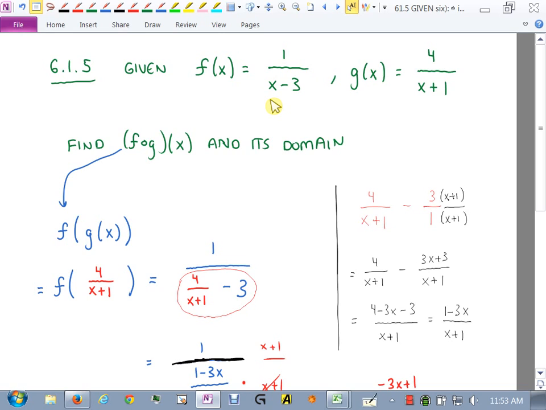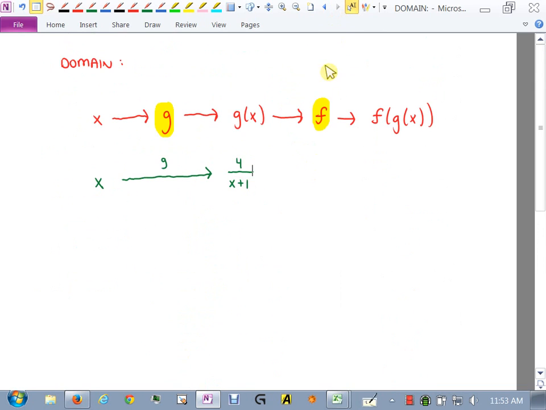Do y'all agree? So what I know is that this right here better not be equal to what? 3. So what I'm going to put here is this cannot equal 3, right? I need to make sure that what comes out of that can't be 3, because it'll mess F up.